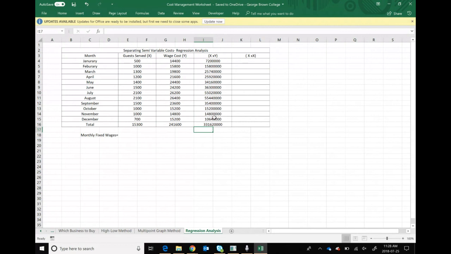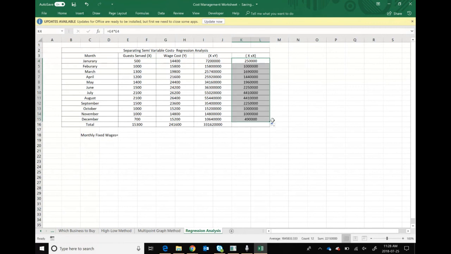So we square 500, so it'd be x multiplied by x for each month, and we drag that all the way down to get the x squared for each month, and then we add them all up. Like that.